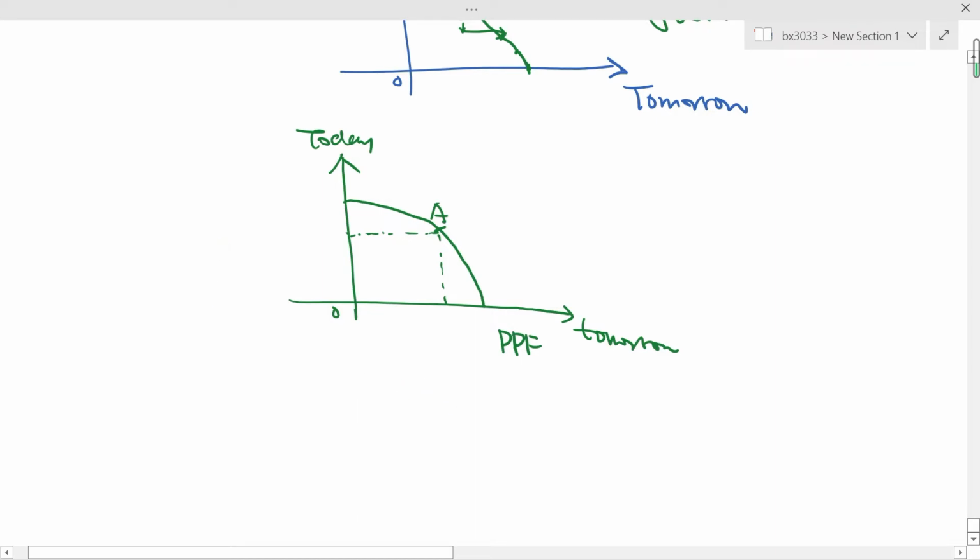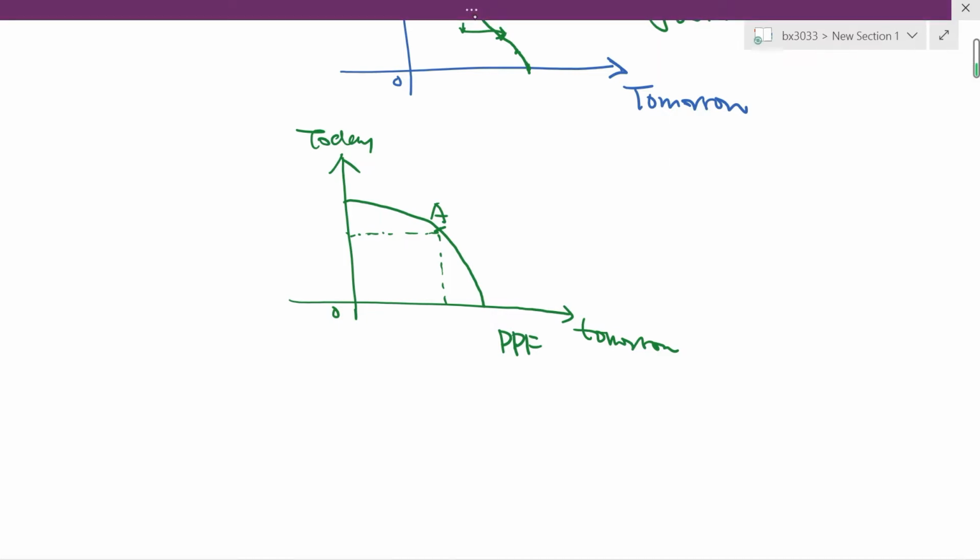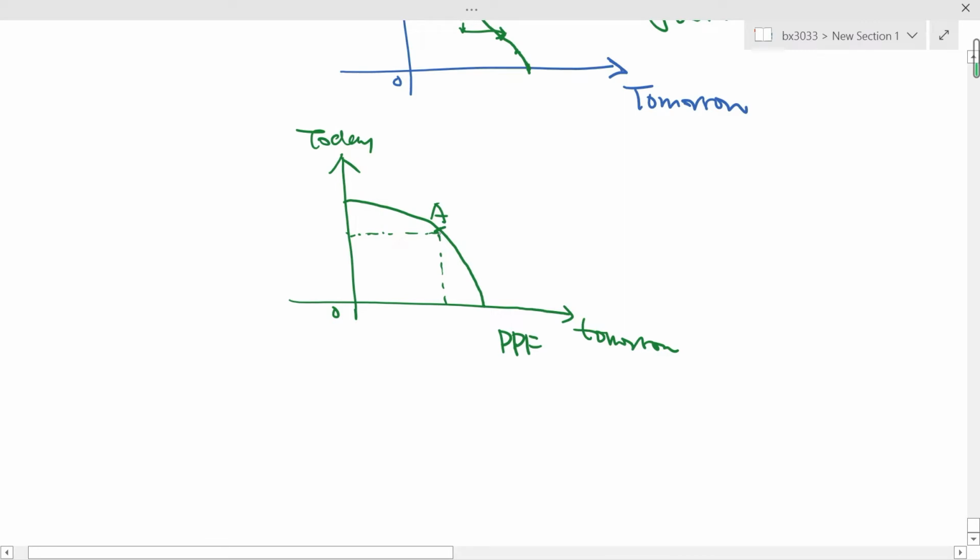Then I implement a project of many years. In doing so, suppose I reduce the production of goods and services by 1 unit today. I then release resources which can be used for production tomorrow. So let's call this X, and then we reach a point B. So from A to B, I'm giving up production of 1 unit today in exchange for additional production of X units tomorrow.